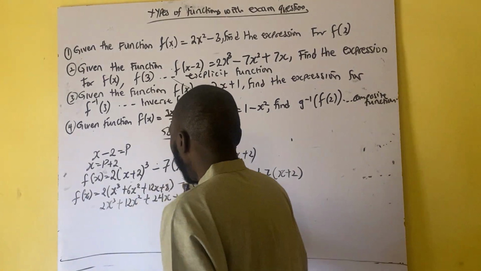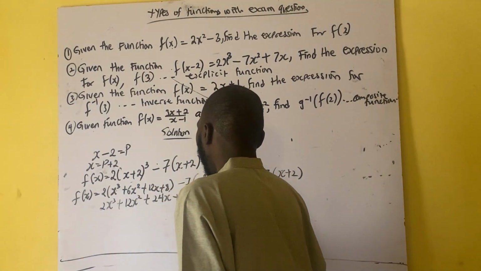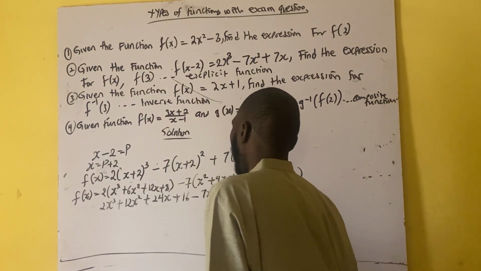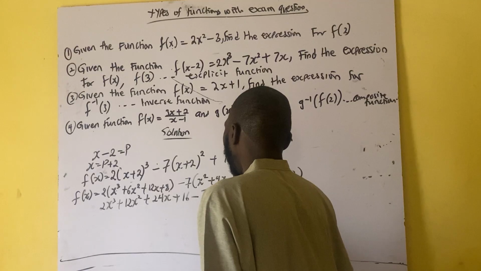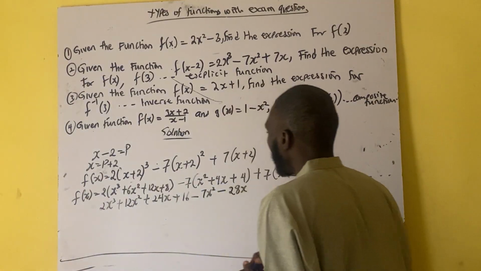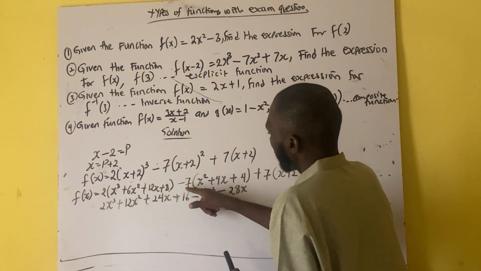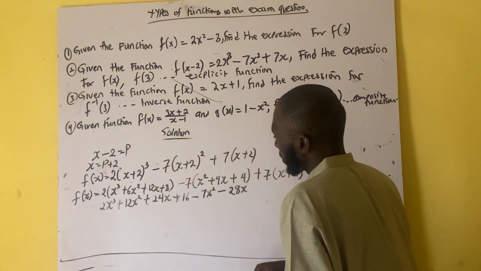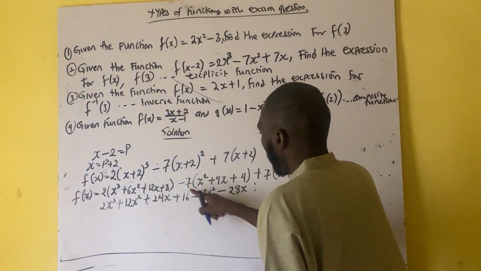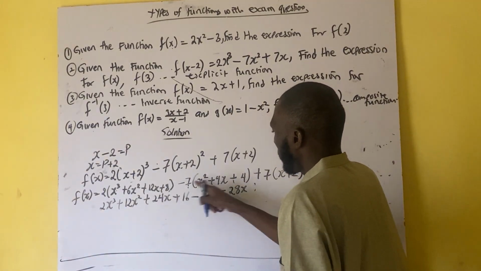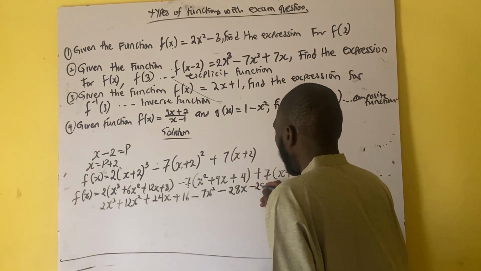Minus 7 times x, I have minus 7x square, minus 7 times this, I have minus 28x. Just take it now because 7 times 4 is what? Is 28, right? We have minus there because minus 7 times plus 4, we are going to be having minus 28 here as well.